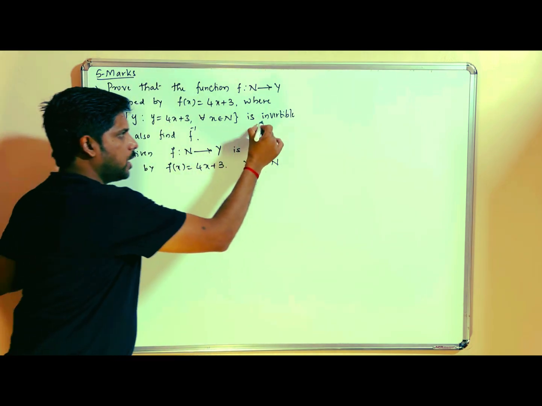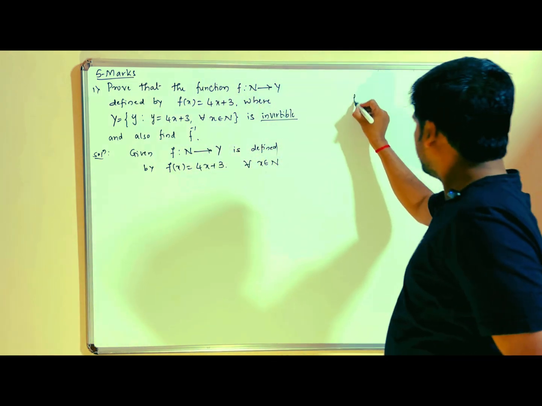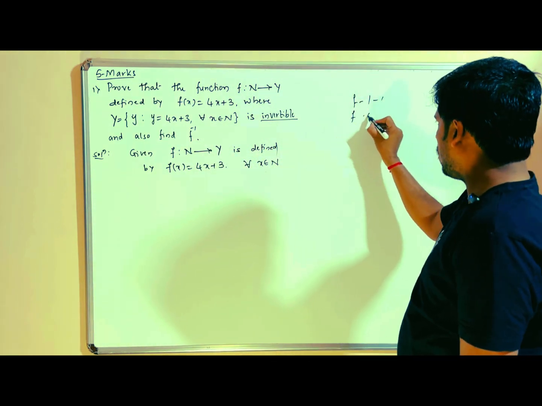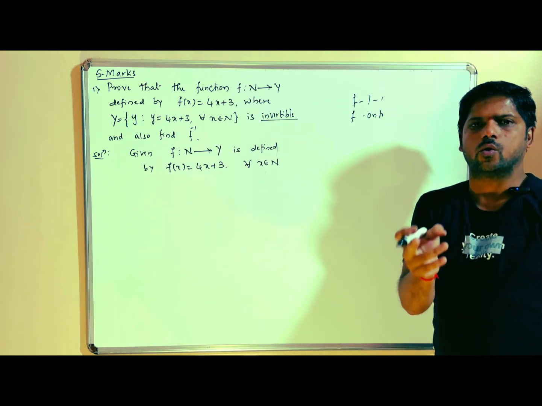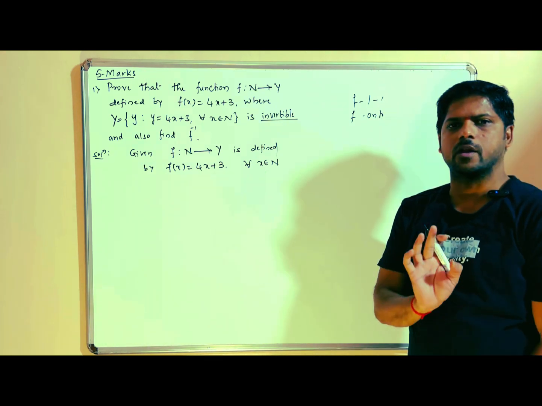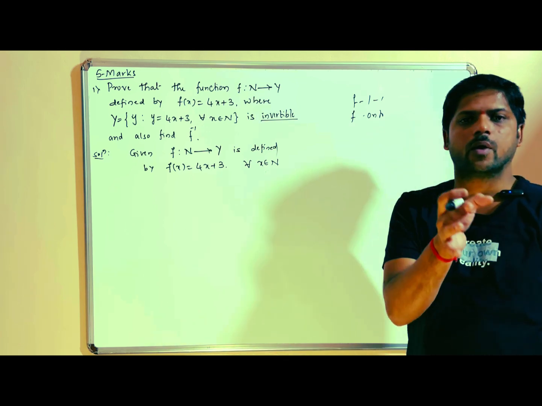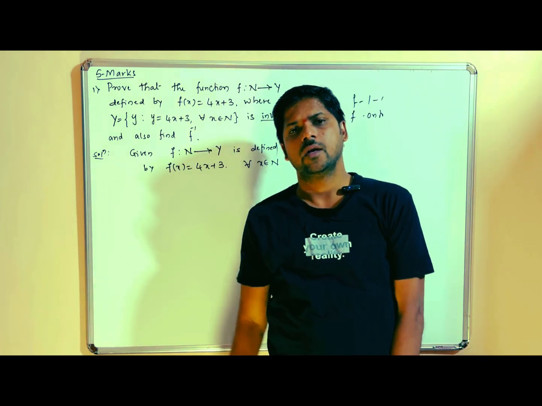So to show that f is invertible, we have to show f is 1-1 and f is onto. If the function is 1-1 and onto, then there exists an inverse. F is invertible. If a function satisfies 1-1 and onto, it is also called a bijective function. If the function is bijective, then the inverse exists.